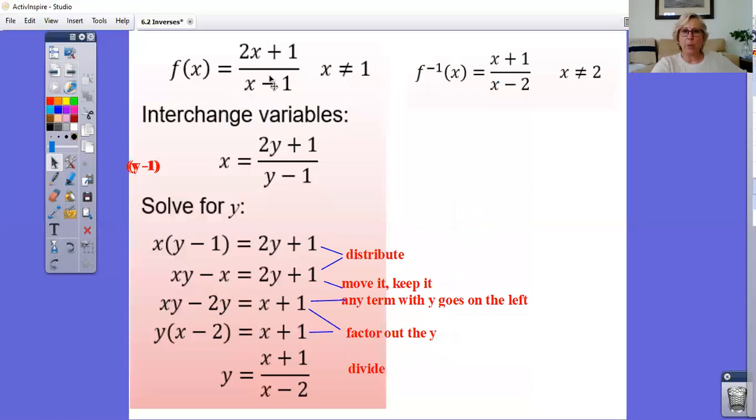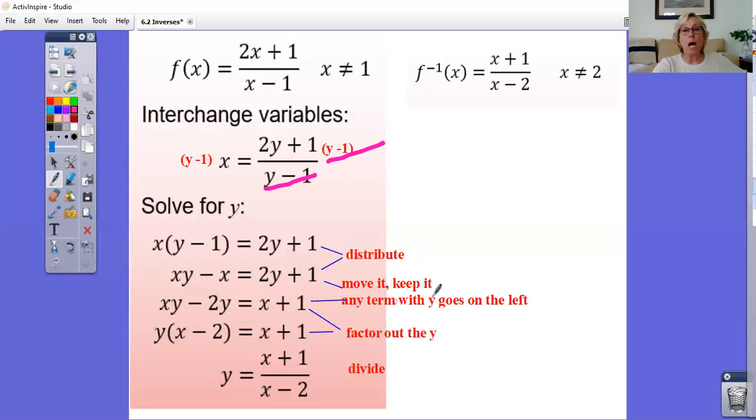Okay, here's a complicated one. I'm going to make the f of x the y, and then I'm going to switch it. So the y becomes the x, and the x changes over to y. I'm going to get rid of my denominator always. So what I'm going to have on the right side, that will cancel out, and I have 2y plus 1, and I have this x times y minus 1. Distribute this x. Then we're going to do a little move it, keep it.